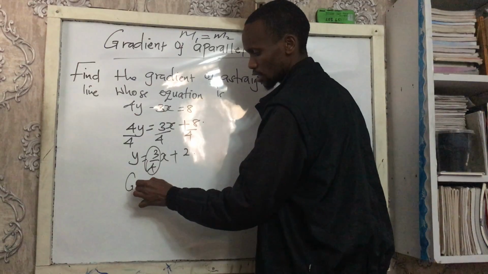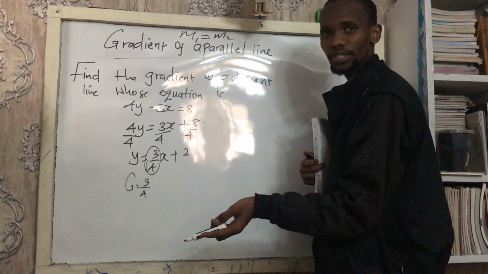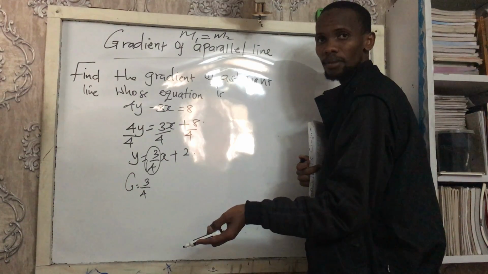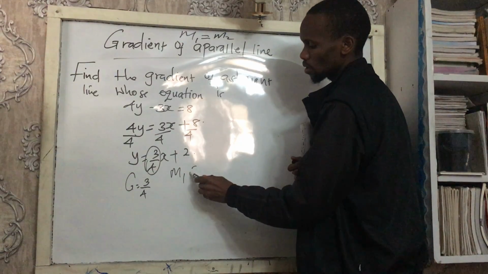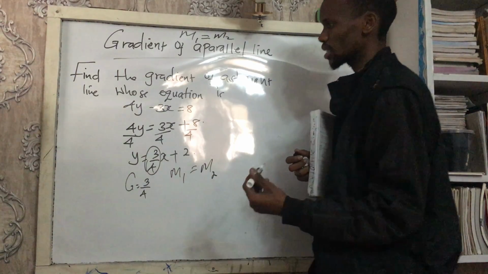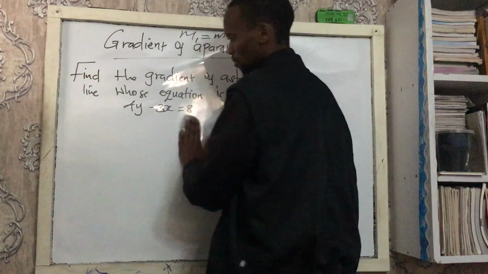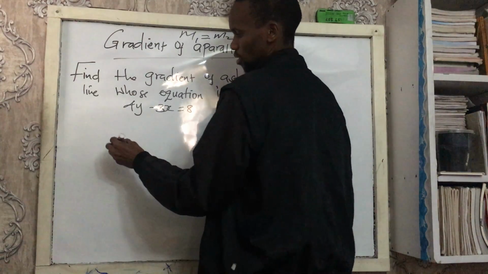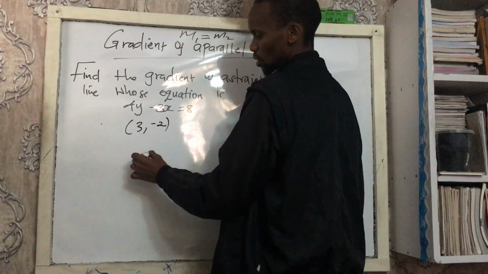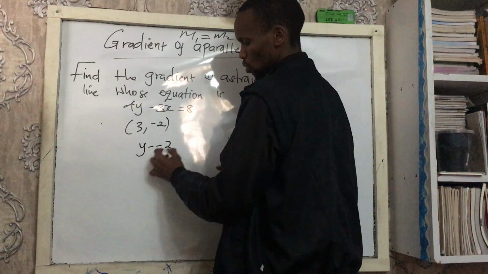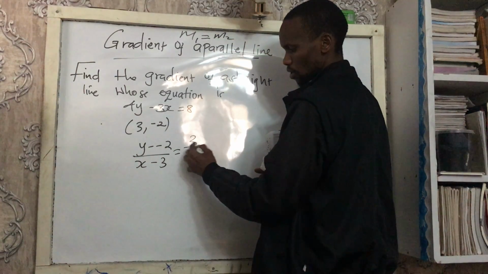So if the gradient is 3 over 4, we know that parallel lines have equal gradients, m1 equals m2. So our gradient for the second line is 3 over 4 still, right? Which point were we given? 3 and negative 2. So the change in y, y minus minus 2, over x minus 3 equals 3 over 4.